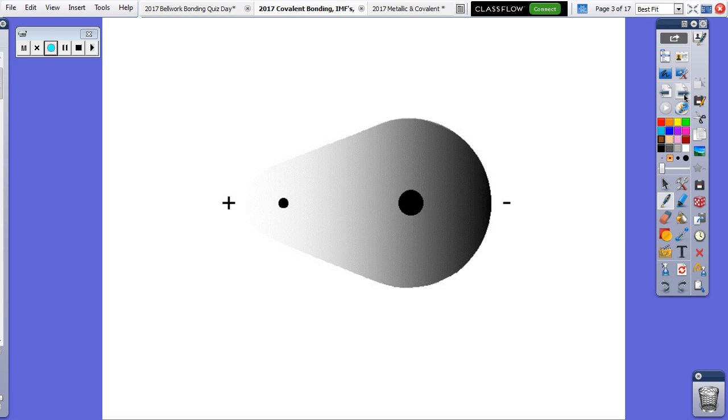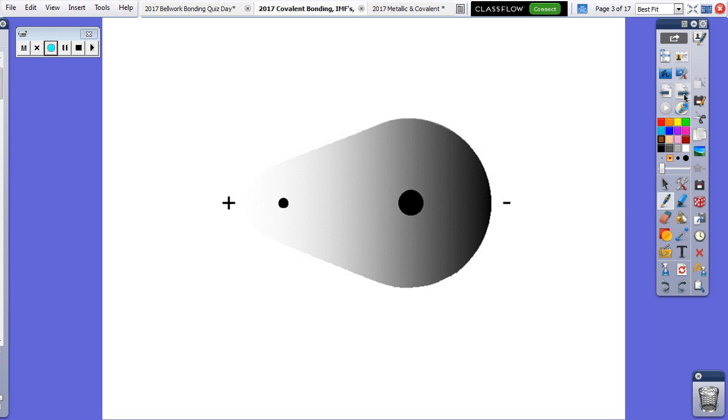What you're seeing here are the nuclei of 2 atoms that are covalently bonded, so they're sharing electrons. Notice that the nucleus of the atom on the right is larger, with more protons, and as a result there's a stronger pull from that nucleus on the electrons, not only its own electrons, but the electrons in the bond between these 2 atoms.